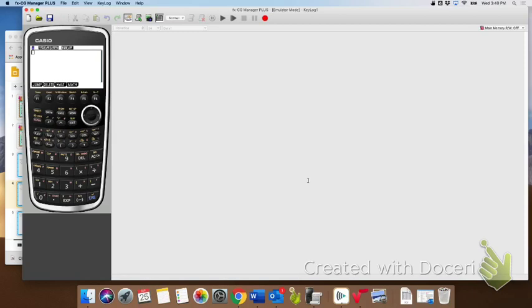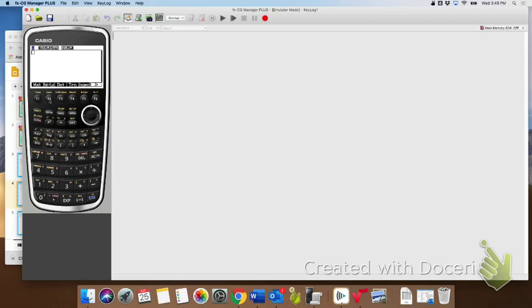All right, so from our calculator, we can get to matrices a few different ways. First of all, what I want to show you is probably the part that most people forget, which is where to find this reduced row echelon form. To do an operation on a matrix, we're going to go to option. Then you'll see up here we've got a couple options. One of them says MAT.